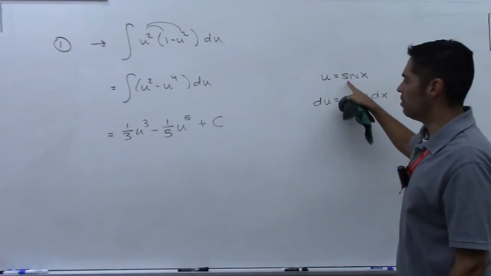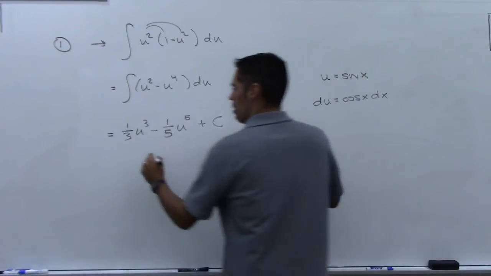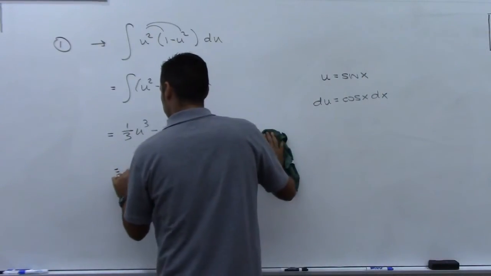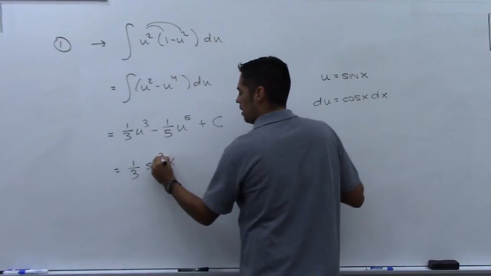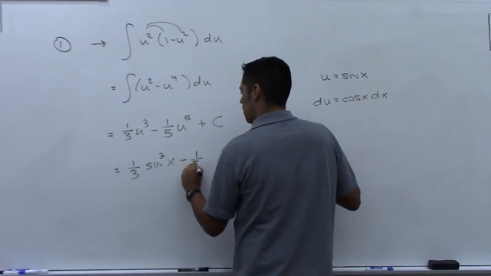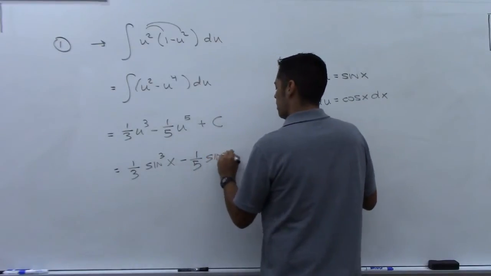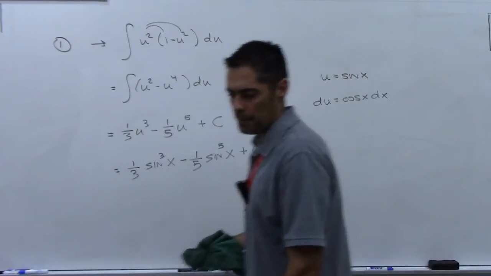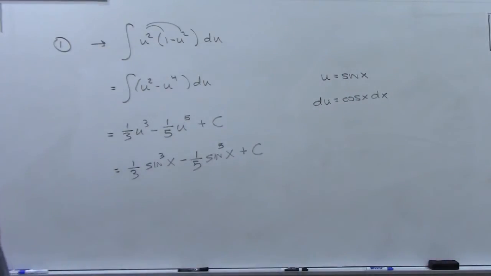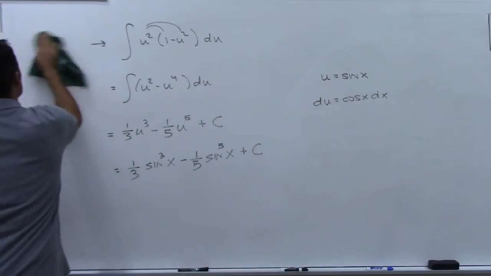Now just replace u with sine x. So we get 1/3 sine cubed x minus 1/5 sine to the 5th x, plus my constant of integration. So that's number 1.